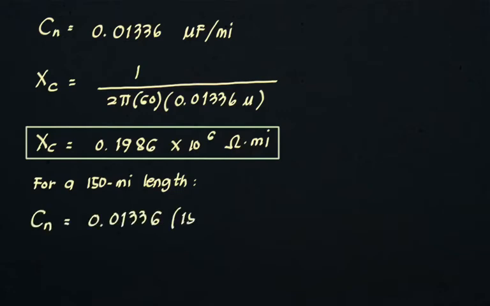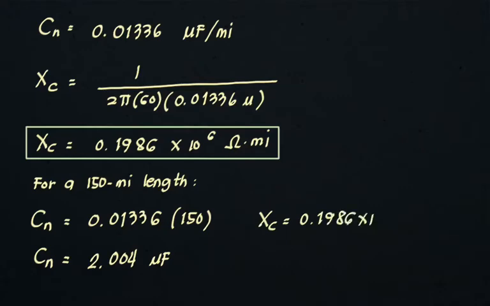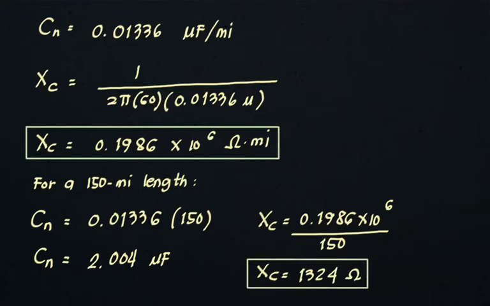Your Cn is multiplied by 150, and your XC will be divided by 150. So we'll get XC as 1,324 ohms.